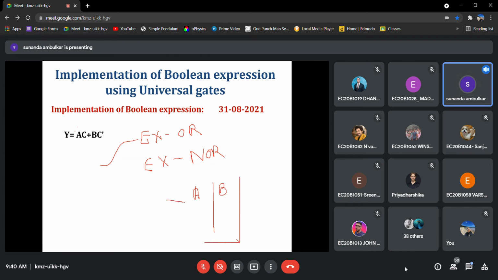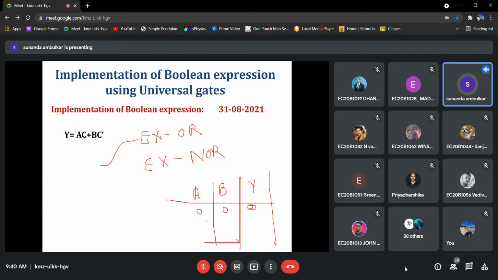If the incoming data are not equal, then the exclusive OR gate will become high. If they are the same, whether 00 or 11, the exclusive OR output will be 0.